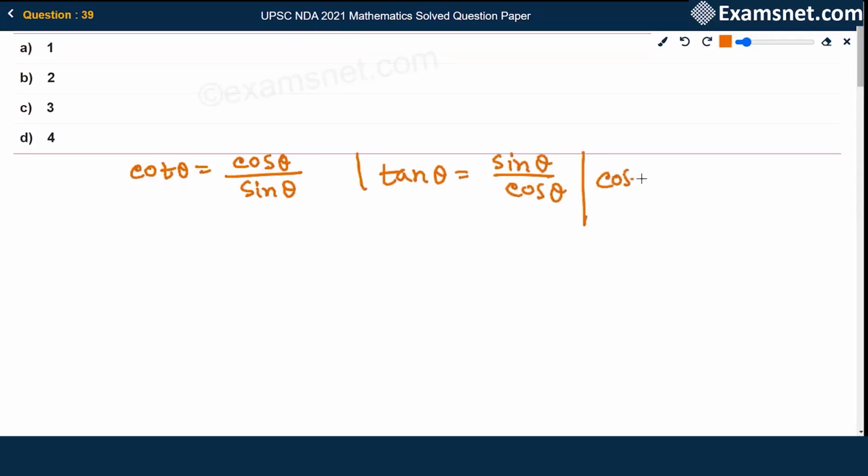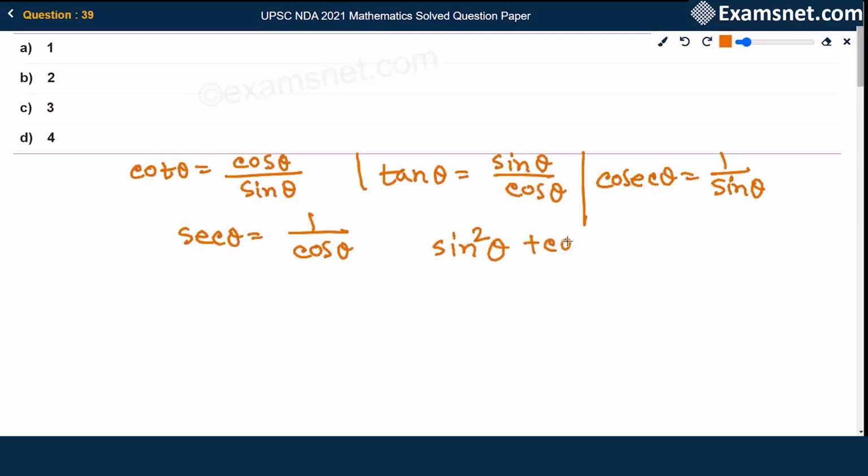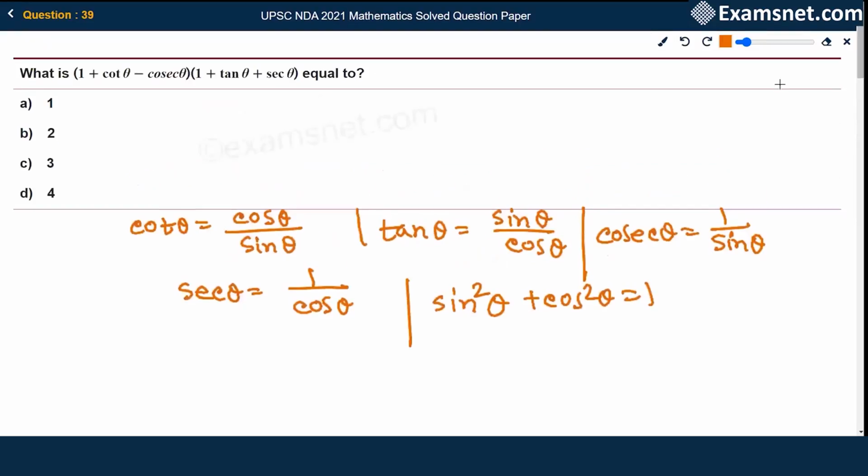Cosec theta is the reciprocal of sin theta, and sec theta is the reciprocal of cos theta. There is also a very important standard identity: sin squared theta plus cos squared theta equals 1. Okay, let's start.